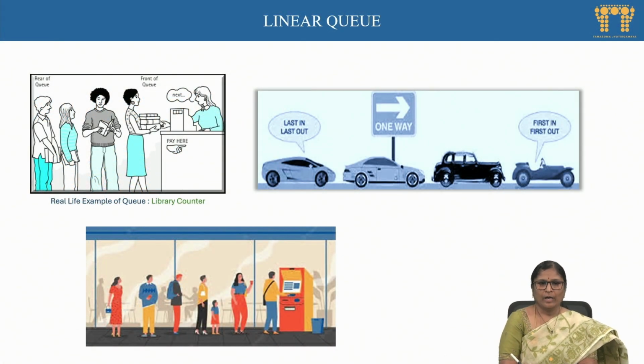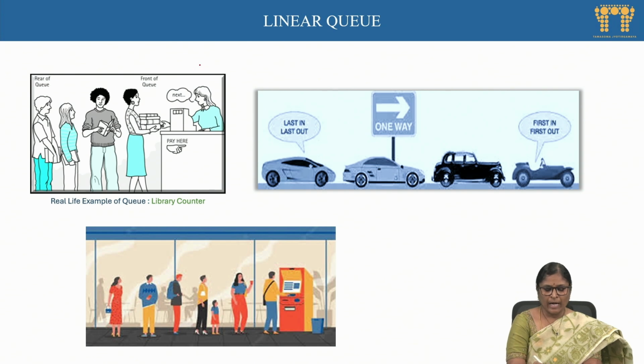So when you look at these particular images, the first one is a library counter. In front of the library counter, all the students who want to issue a book or renew a book are standing in a line. The next figure is a one-way road where the vehicles are moving in one direction, not coming in the reverse direction, which means they are kept in a queue.